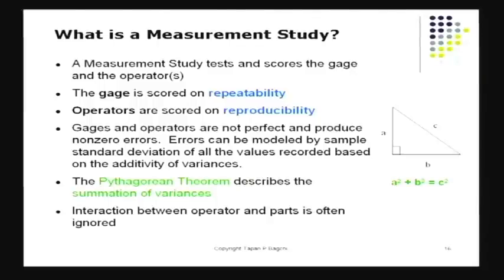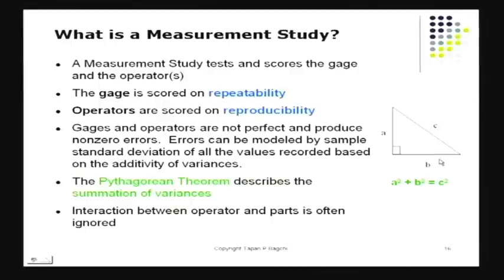That actually says this, that the total variation, and I'm going to be repeating this several times, the total variation, I'm just going to call it C square, is the sum of component variation, one of which is A square plus B square is equal to C square. So this could be repeatability, and this could be reproducibility, and this is the total variation produced by the measurement system.